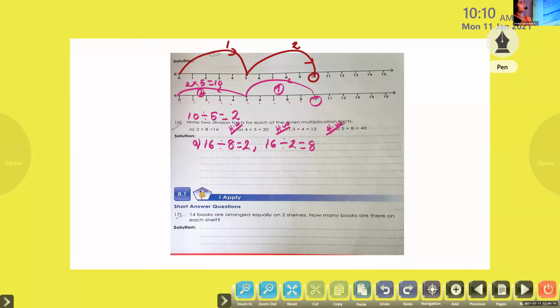Okay. Have you understood, my dear, how division facts are written? Yes or no? Yes, ma'am. Okay.